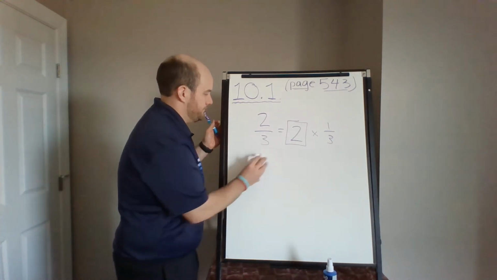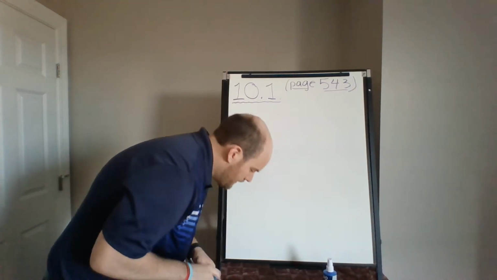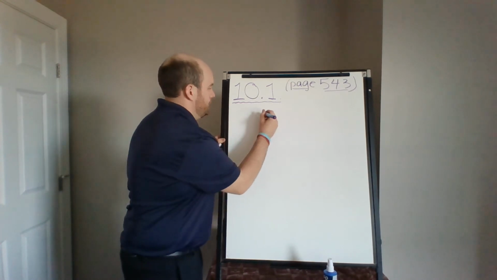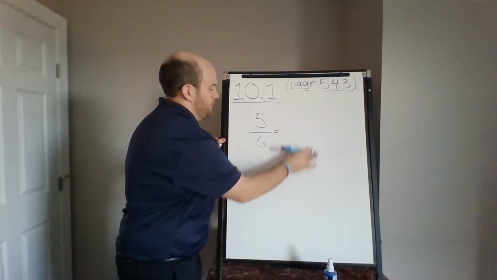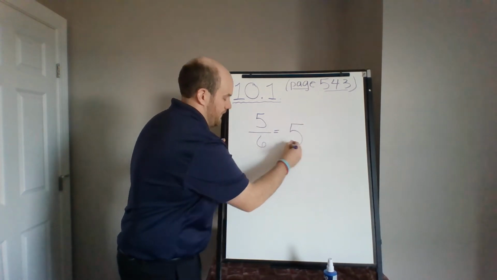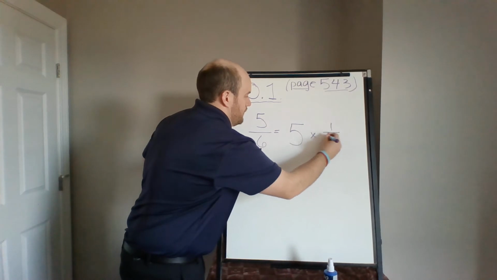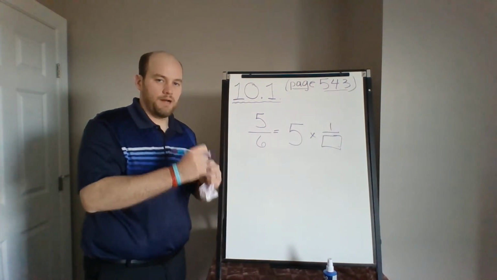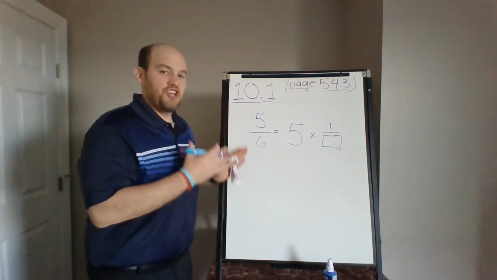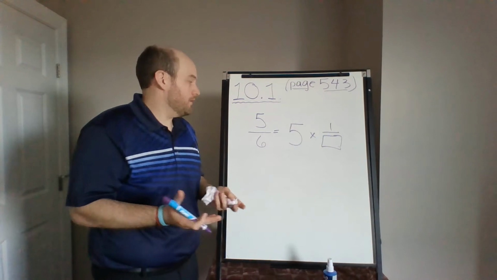I'm going to erase it. Number 4, very similar, except this time they give you the whole number, which is 5 times 1 over blank. I'm going to spin it backwards for you. The denominators never change.